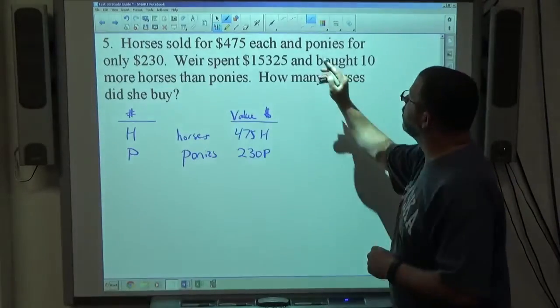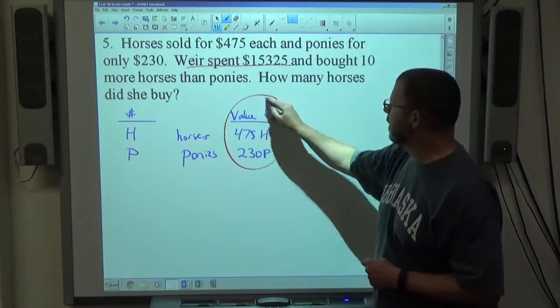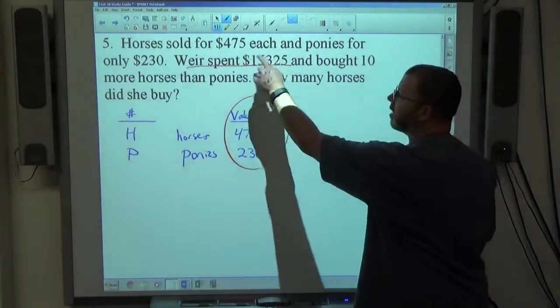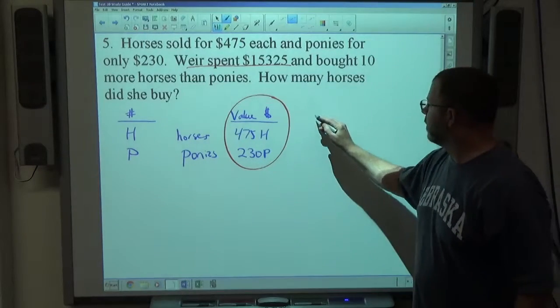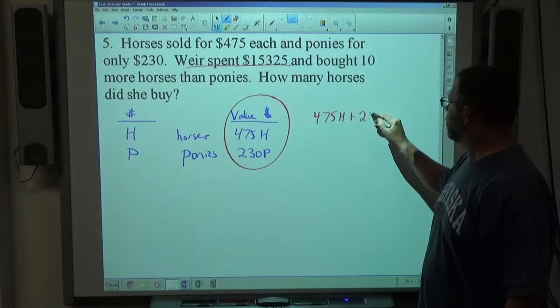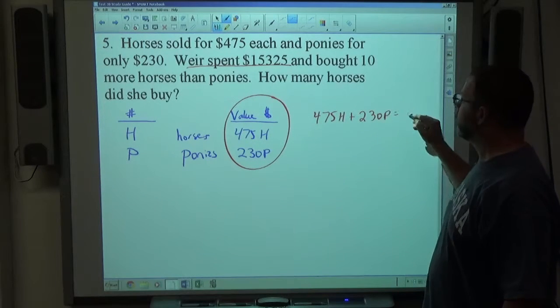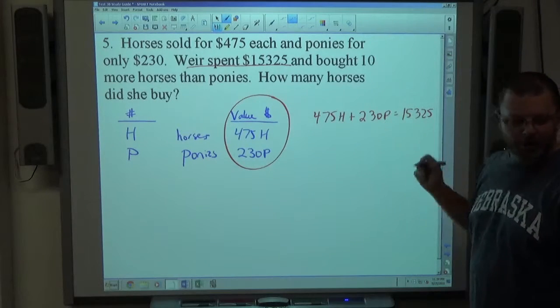So if we take our two facts, fact number one, we spent $15,325. That's going to be value. This is dollars. The values of the different animals is in dollars. So we take the value of the horses, how much money was spent on the horses, plus how much was spent on the ponies. That should equal the amount of money spent altogether. Obviously, these three numbers all divide by 5.